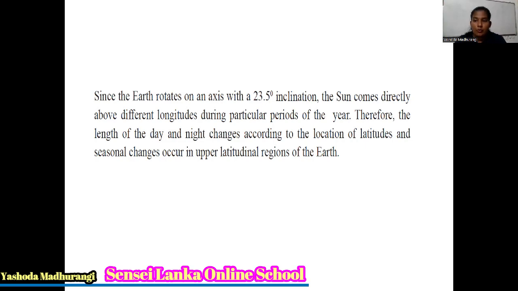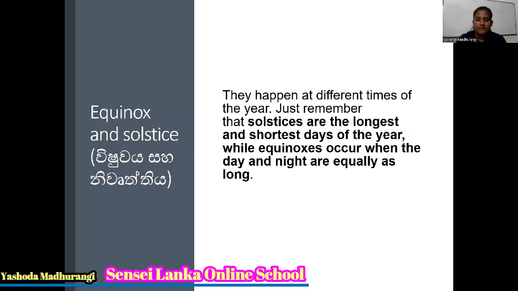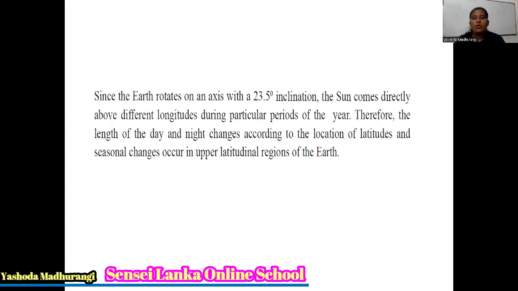And now we are moving into another lesson. Look at this paragraph. We are going to learn another thing here. Since the earth rotates on an axis with a 23.5 inclination, the sun comes directly above different longitudes during particular periods of the year.